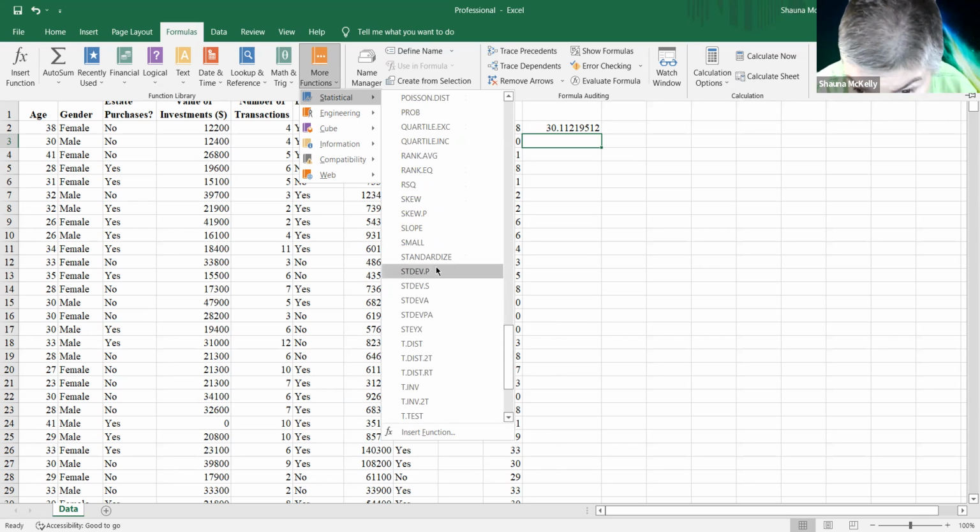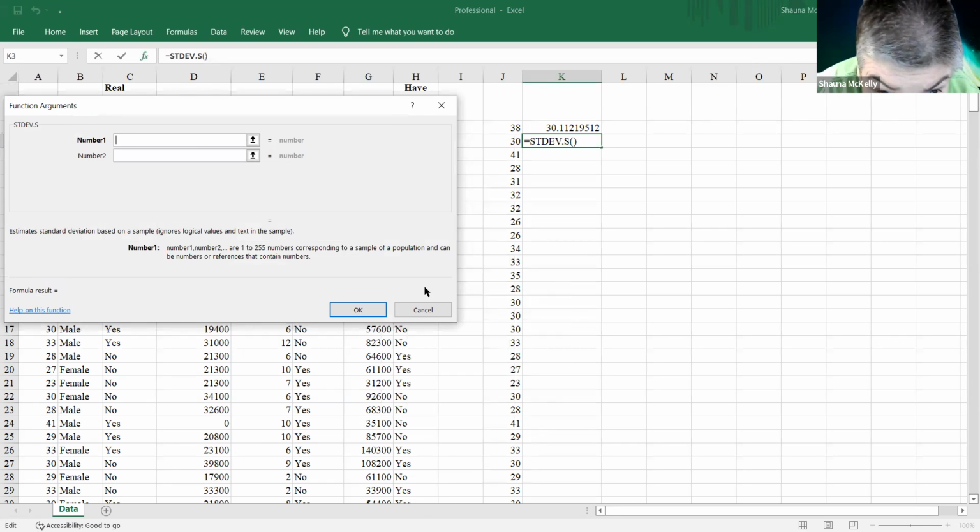I just need to know which one it is based on the entire population. This is the standard deviation of a sample. Yeah. Make sure you're using the sample standard deviation. So you're going to do from J2 to J411.